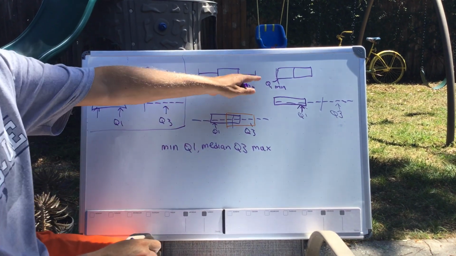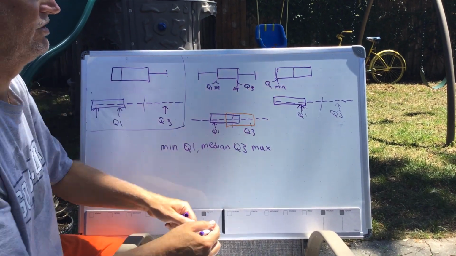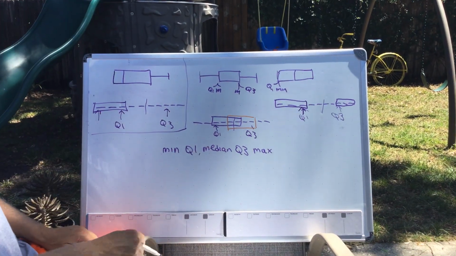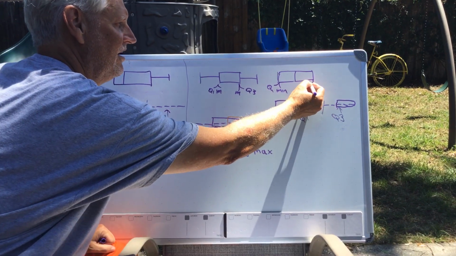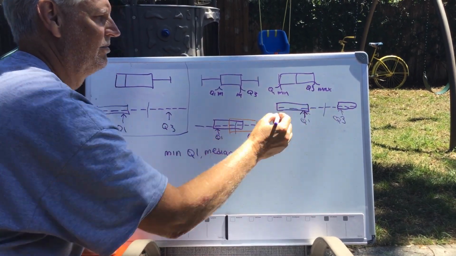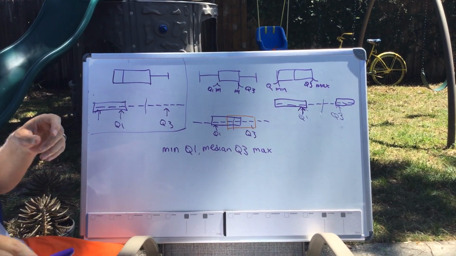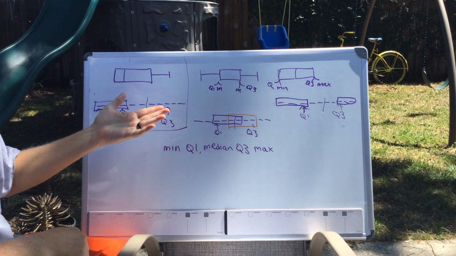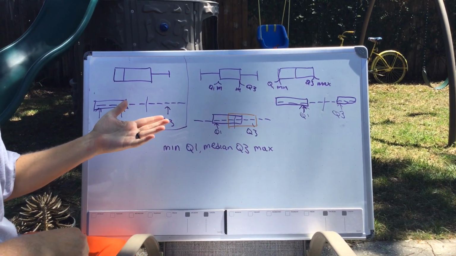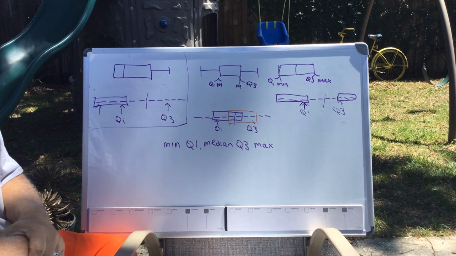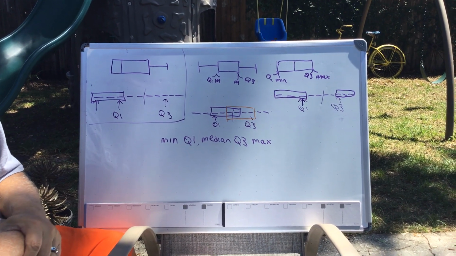If that's the same on this side, then on the other side these three numbers have to be the same. So this is Q3 and this is the maximum. Again, you've got a number line underneath that tells you what that is. I don't know what it is, but you've got that number line. That's how you can tell.